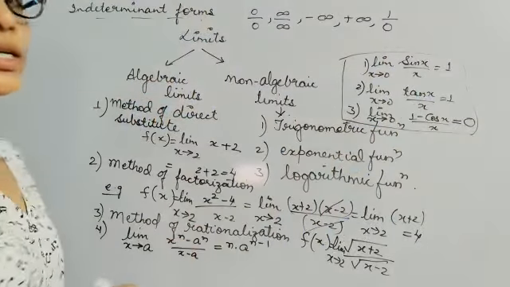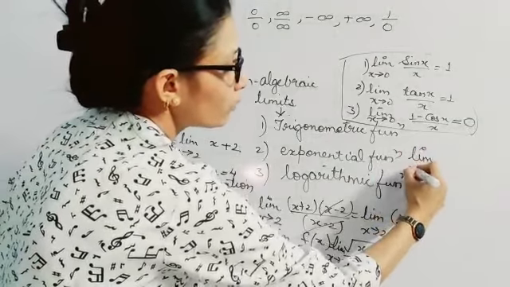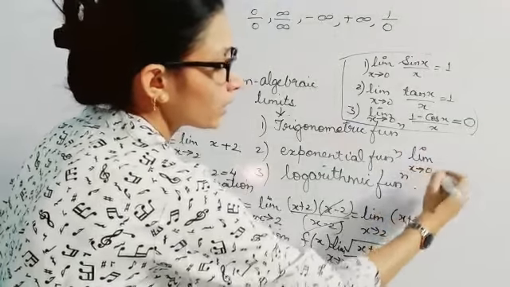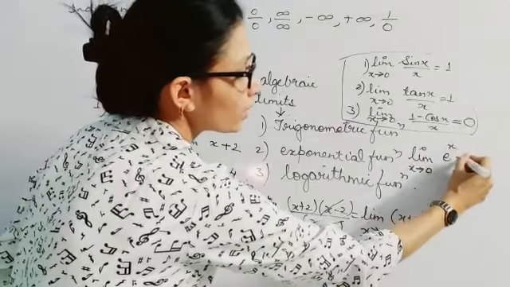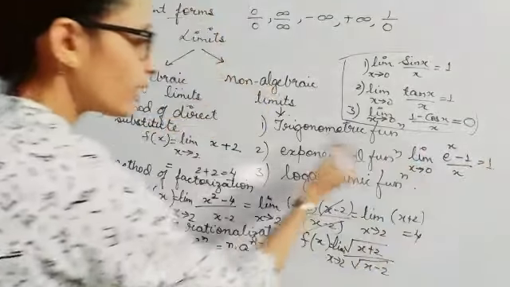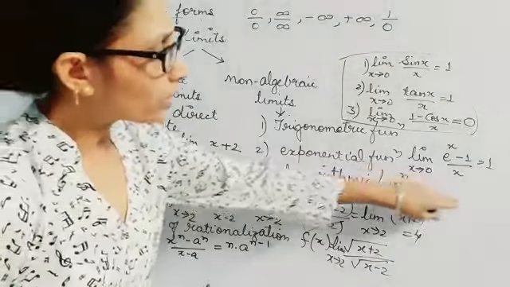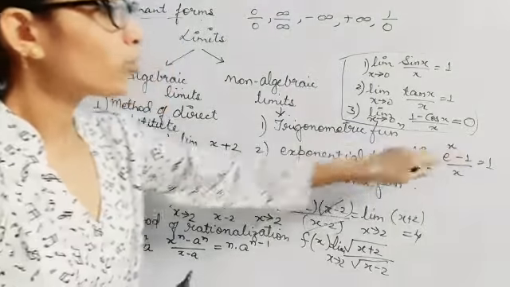When things are given in exponential form, the formula which you have to remember is limit x tends to 0, e raised to power x minus 1 by x is equal to 1. Whenever you are given some exponential function, you need to convert the given question into this form.